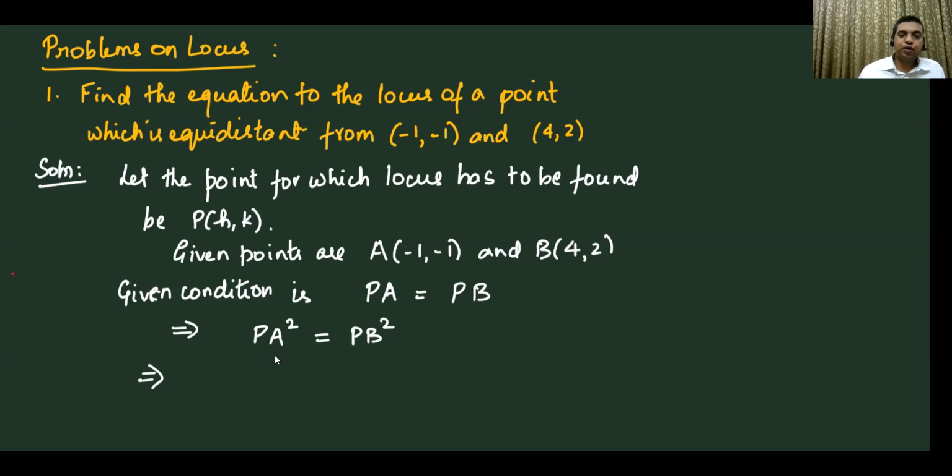So now when you square it, the distance formula, P is h comma k, A is -1 comma -1.